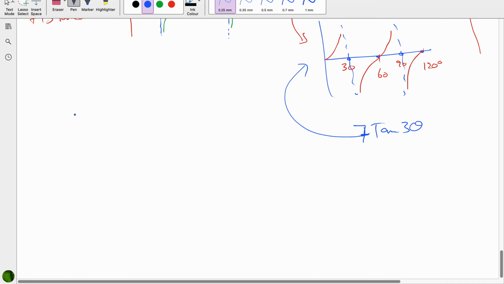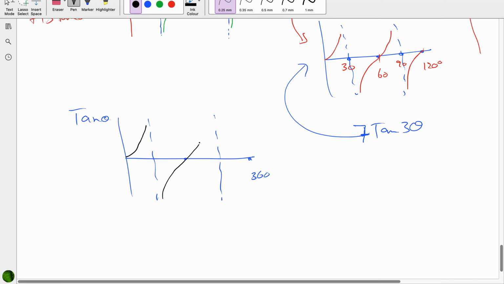Third thing, let's say we have tan theta, first vertical line, second vertical line ends at 360, and we draw the graph of tan theta, and then the examiner tells you to draw it for tan theta plus 1.